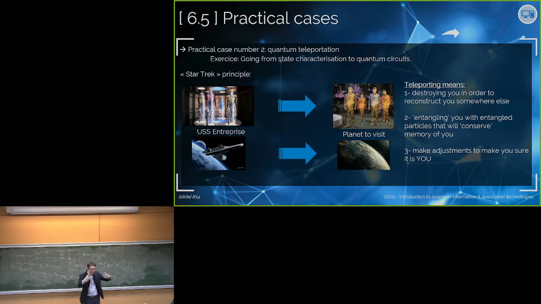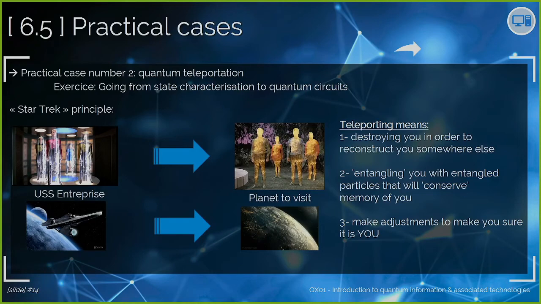So we need something to entangle you with, so that we have this quantum information that we have not measured, this entangled information of you on the planet, and then be able to reconstruct you.